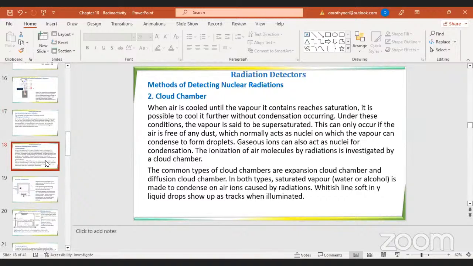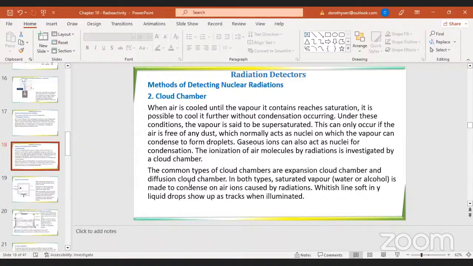But before that, let's look at what a cloud chamber is. When air is cooled until the vapor is without condensation occurring, under these conditions the vapor is said to be supersaturated. This can only occur in the first type, the expansion cloud chamber.